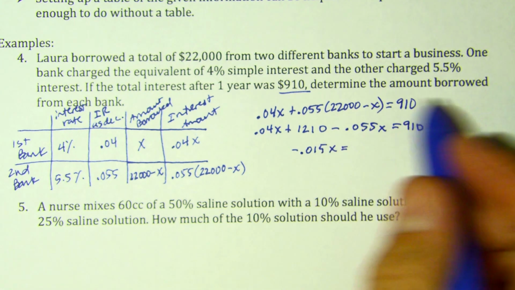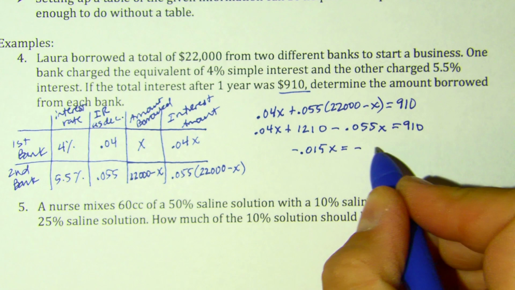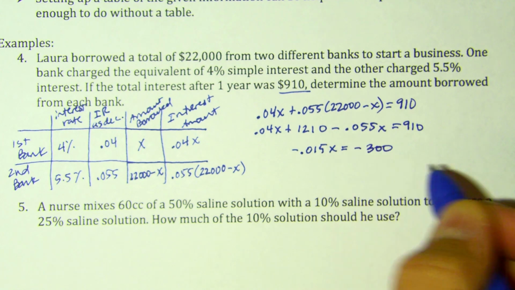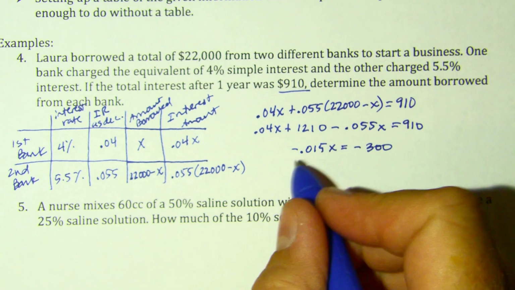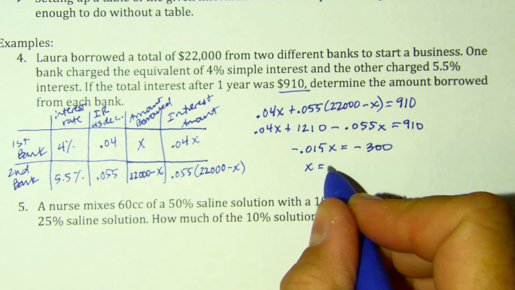Subtracting 1,210 from both sides, I get negative 300. Dividing both sides by negative 0.015, we get x is equal to 20,000.